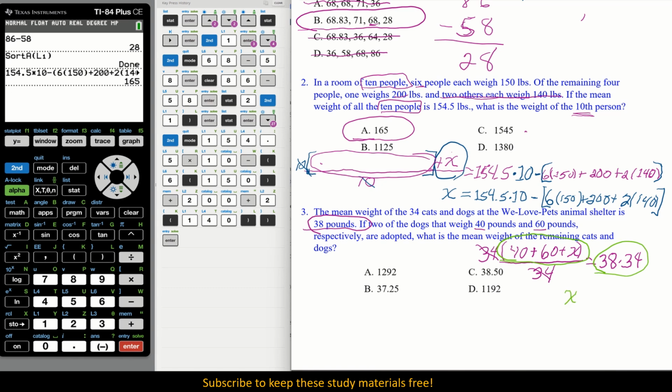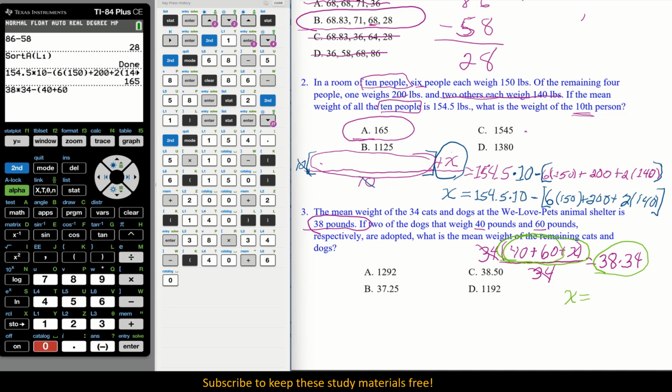So now to figure out what the total weight of X is, we're just going to subtract that. So our X will actually equal, okay, let's go to our calculator. The 38 times the 34 minus 100. We have to subtract out the 40. Well, I'm going to go ahead and just do it as is. We're subtracting on both sides, okay? We're subtracting 40 plus 60.